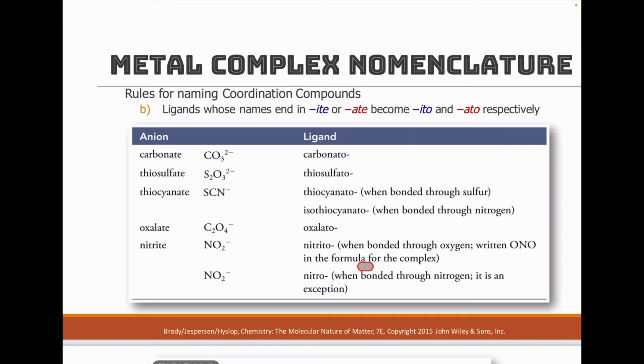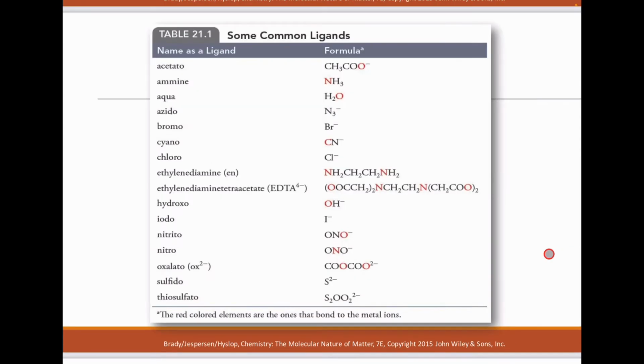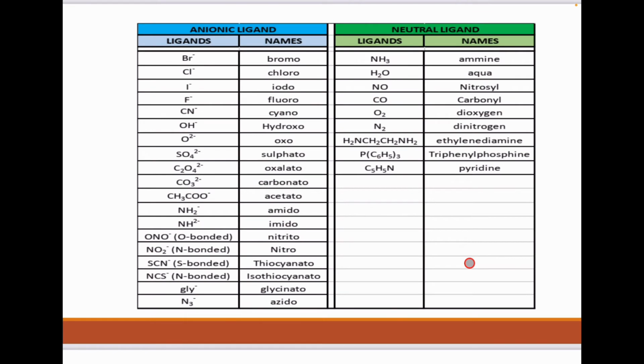And the formula for the complex. For nitrite, nitro, when bonded through nitrogen, is an exception. So this is also an example for the ligands and also the formula. This is the ionic ligand and also the neutral ligand.